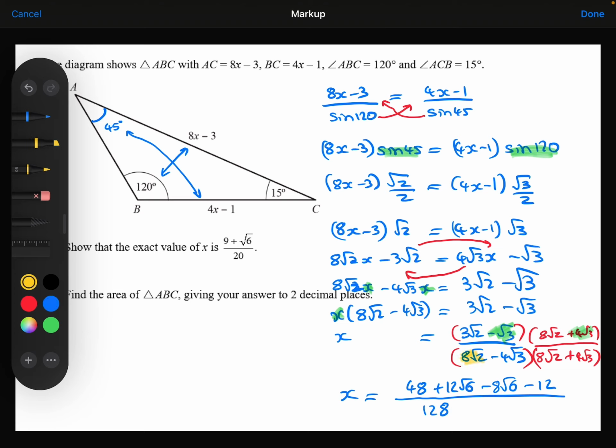The 8 root 2 times the 4 root 3 would cancel out with the minus 4 root 3 times the 8 root 2. So don't need to write those down, but we do need the minus 4 root 3 times the plus 4 root 3. The 4 times the 4 is 16. The root 3 times the root 3 is 3. The 16 times the 3 is 48.